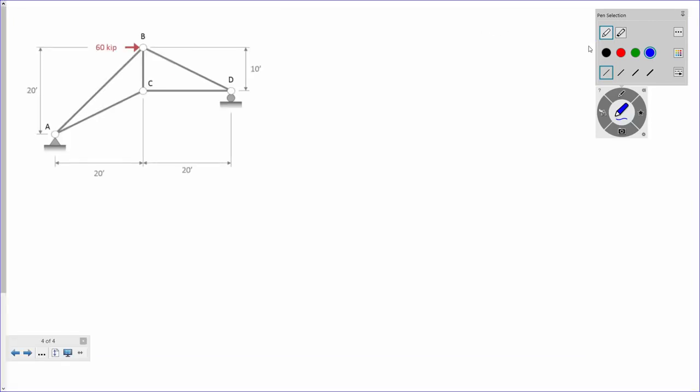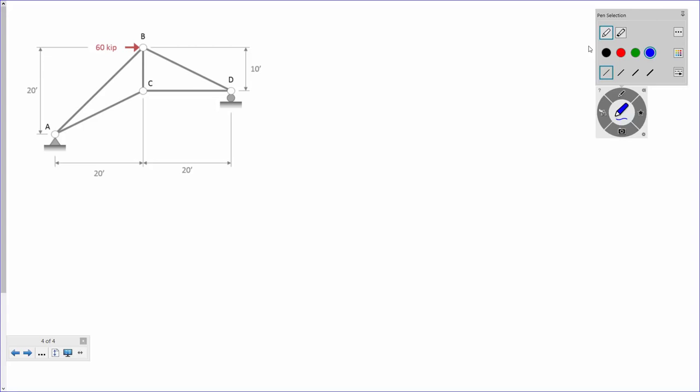Okay, so let's see if you all remember how this unit load method works. Now I'm going to change the problem up a little bit for the purposes of the explanation. Let's say that I wanted to determine the vertical deflection at C. So if I wanted to determine the vertical deflection at C, I would have to do 2 separate analyses.